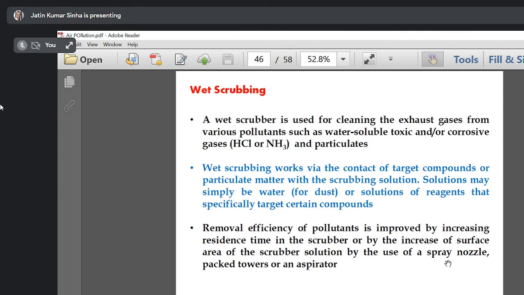Then finally they will be removed. Depending on the requirement, there are different types and designs of wet scrubbing systems, but these are very much limited to industrial scenarios, not for domestic purposes.